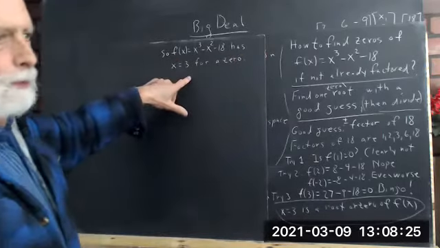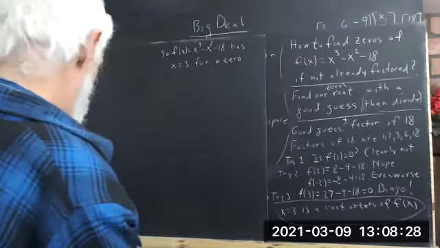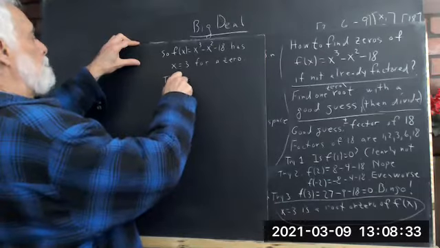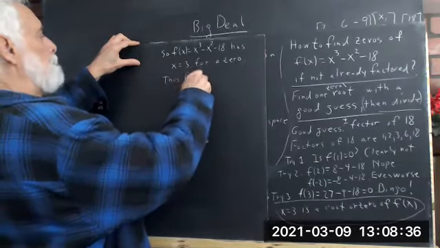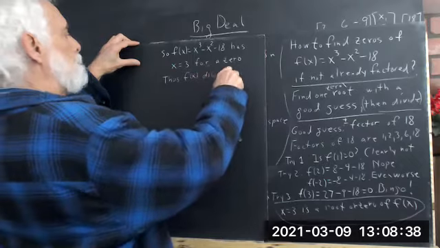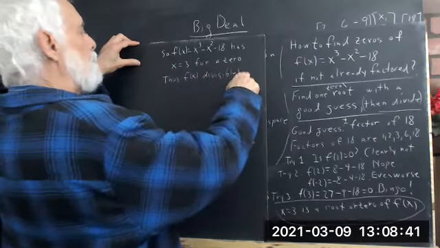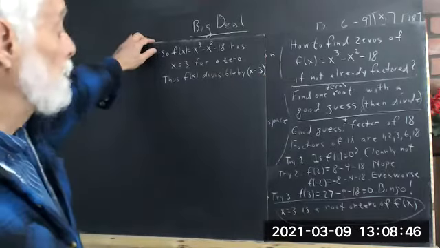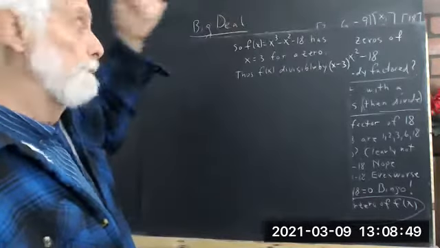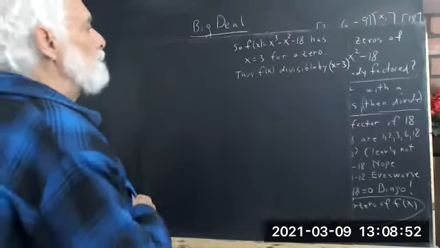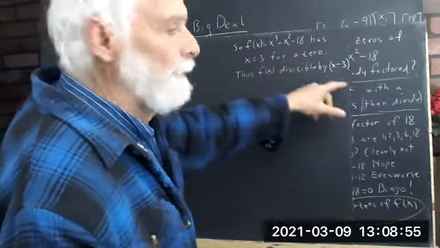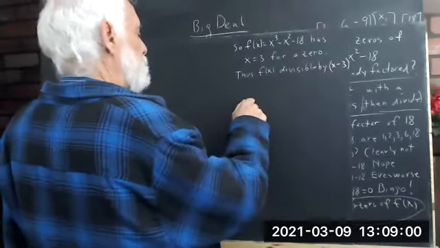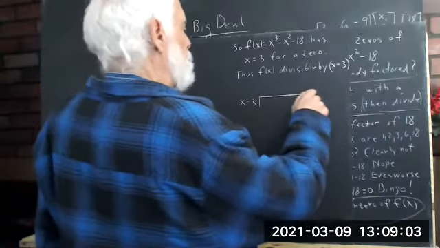So this thing has x equals 3 for a 0. So it's divisible by x minus 3. So we divide this by x minus 3. We do a long division.